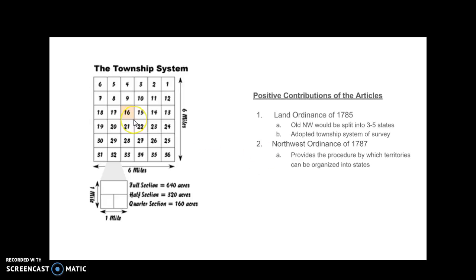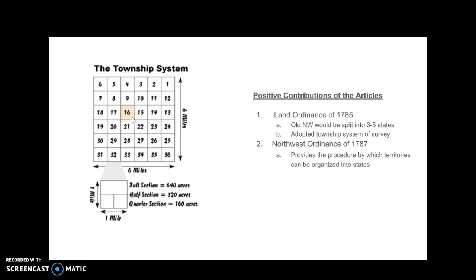There's an image here to your left that shows a township system. This is what the sale of lands would look like under the Land Ordinance of 1785. Townships are 6 square miles, 6 by 6, all right, and divided into 36 sections, each 1 mile square. They also set aside the 16th section for the maintenance of public education.